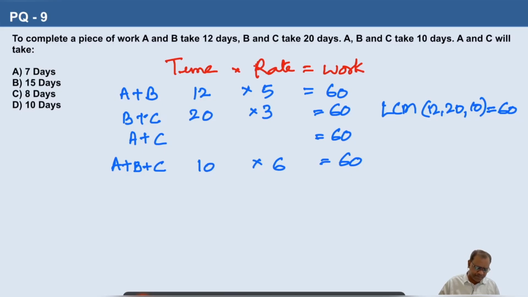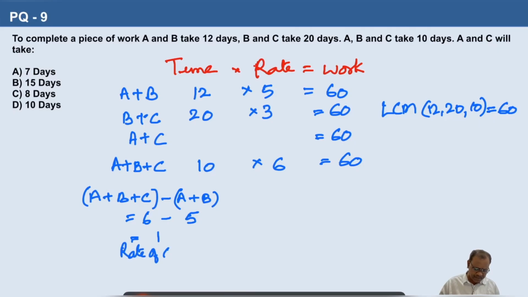From A plus B plus C, if you subtract A plus B, you will get rate of C. This is 6, this is 5. So C's rate is 1 unit per day.